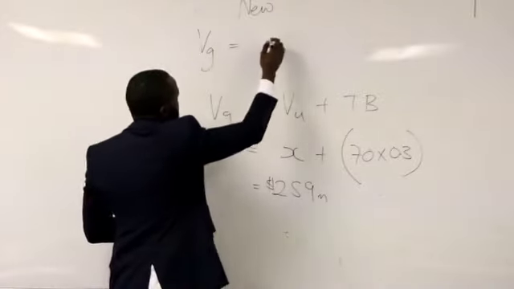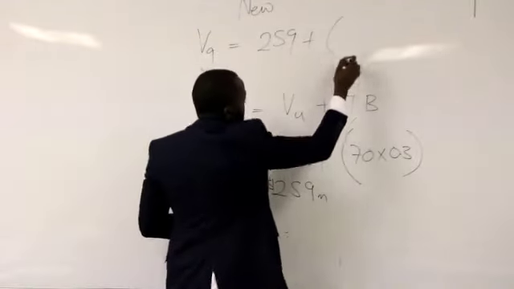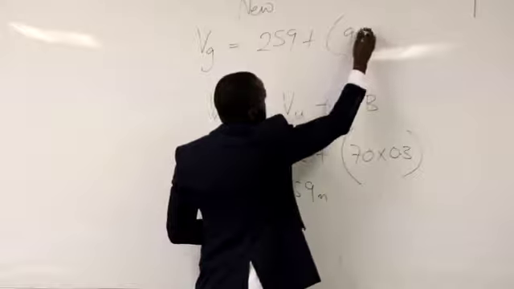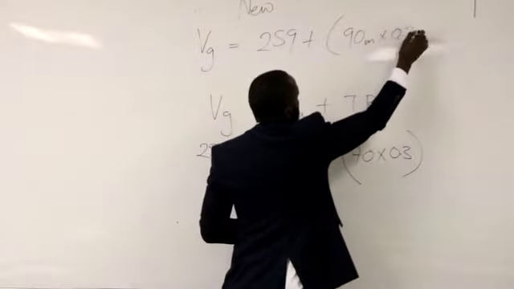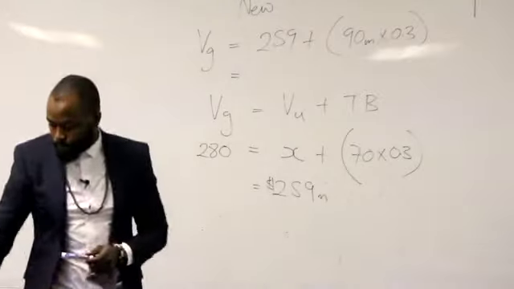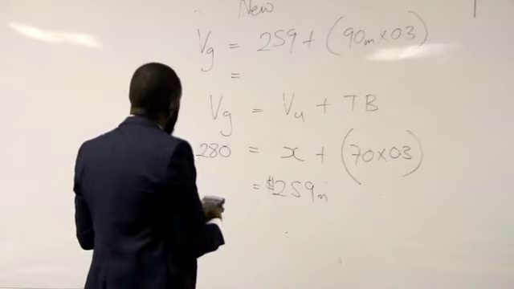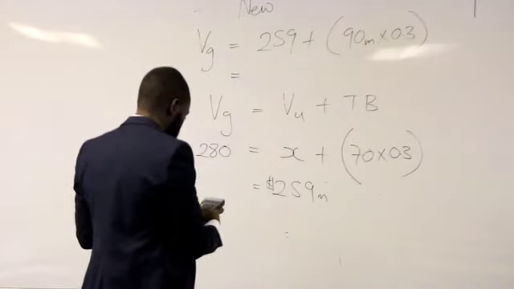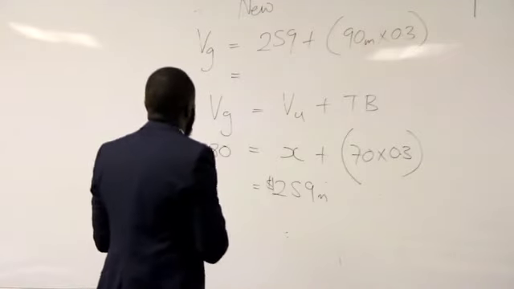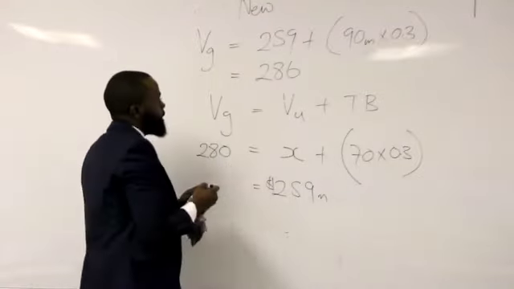The value of the geared company is going to equal the value of an ungeared company, 259, plus the tax shield. This company is going to have 90 million in debt, 90 times 0.3. The value of the geared company will be 286.